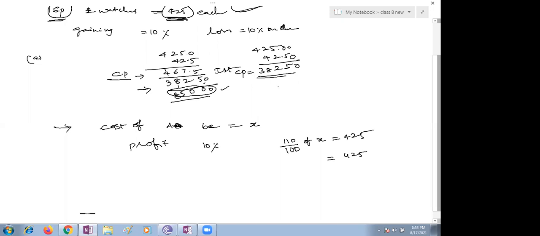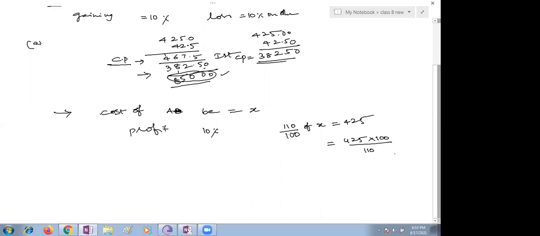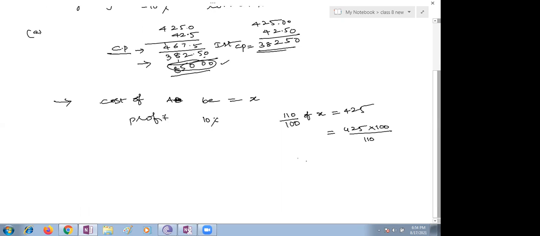Ma'am, after that they did for watch B, they took it as Y and the same loss of 10%. They got 472.22. But what is the cost of B, watch B, how much is given? They took 90 by 100 into Y, which is 425.